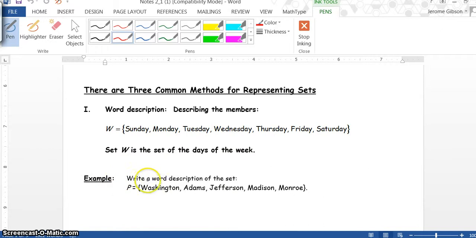Now for our first example, it says write a word description of the set. We have P is equal to Washington, Adams, Jefferson, Madison, and Monroe.